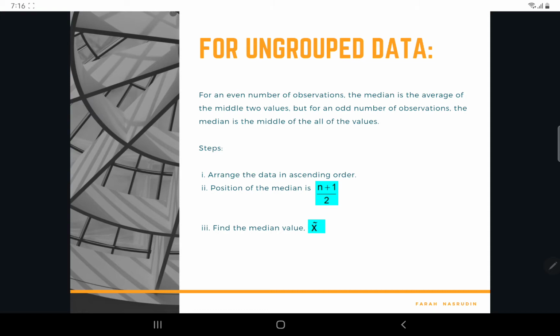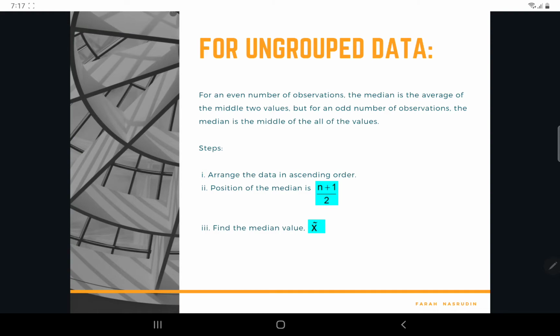The first one is for ungrouped data. We know that the median is the middle value in ordered data. If there is an odd number of observations, or an odd number of data arranged in order, the median is the middle value of the data.